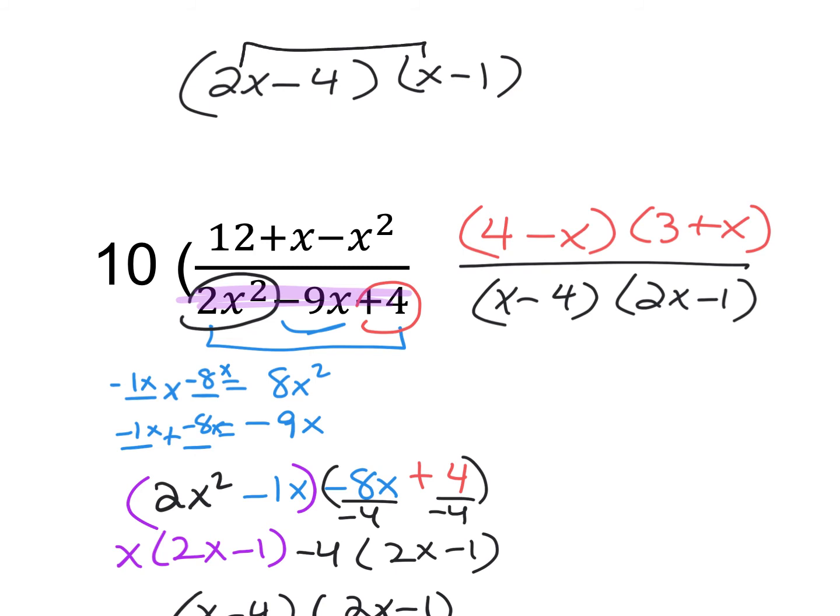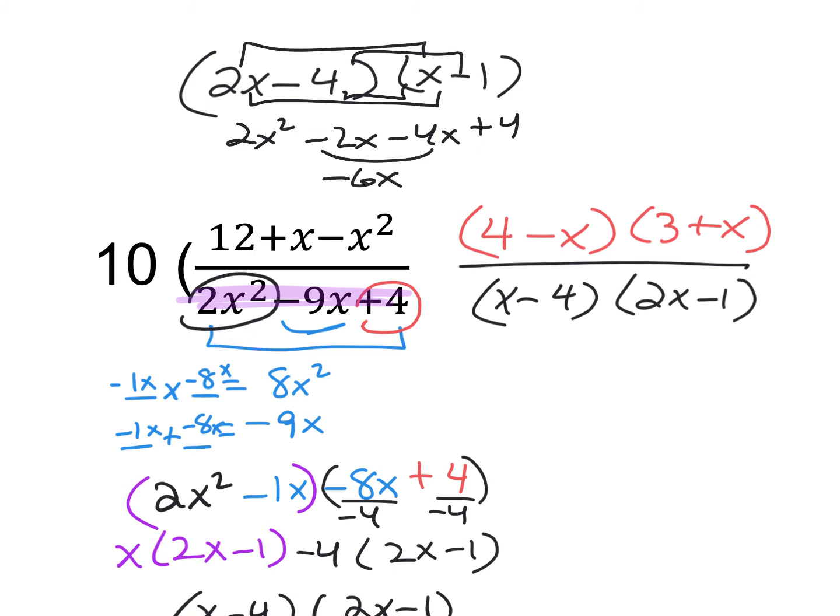So first, I get 2x squared. Outside gives me negative 2x. Inside gives me negative 4x. And then last gives me positive 4. Notice when I add the middle, I get negative 6x, and I wanted a negative 9. So when you do the guess and test, definitely do outer and inner to make sure you're getting that middle.